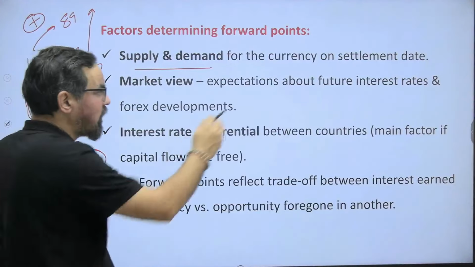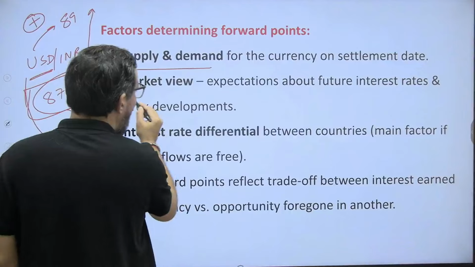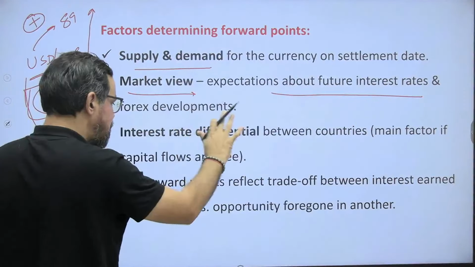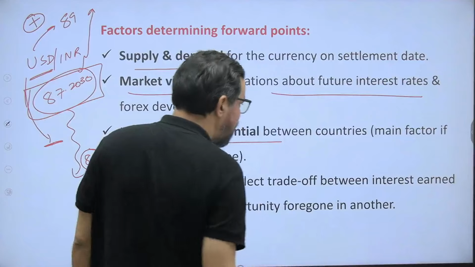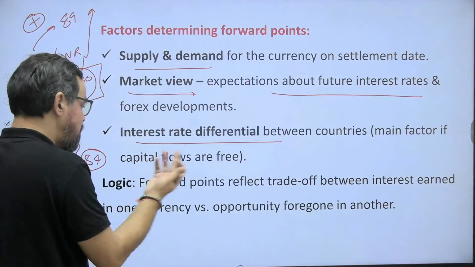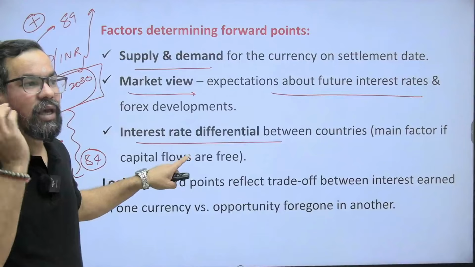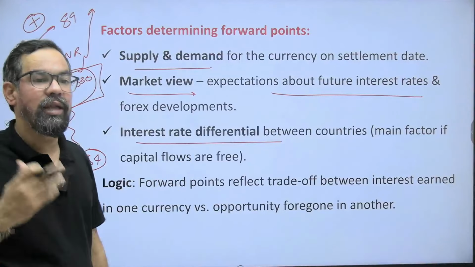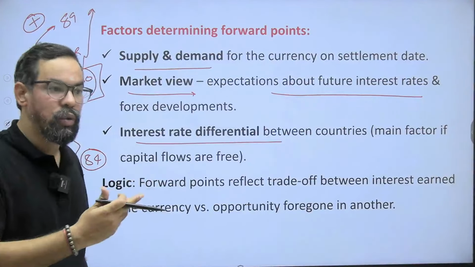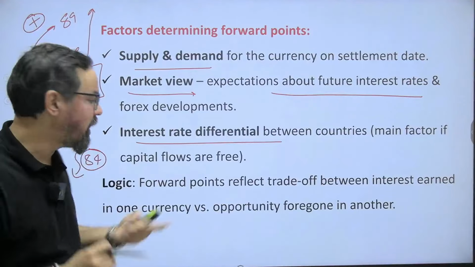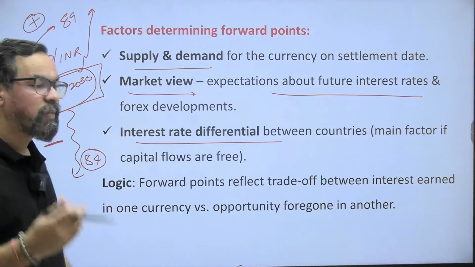Then for the currency on settlement date, there are market views and expectations about future interest rates and forex developments, and the interest rate differential between countries, which is for the capital flow. Let's say if economies like the Indian economy have a higher interest rate compared to the US, that's why we attract more and more investment in the country, right?